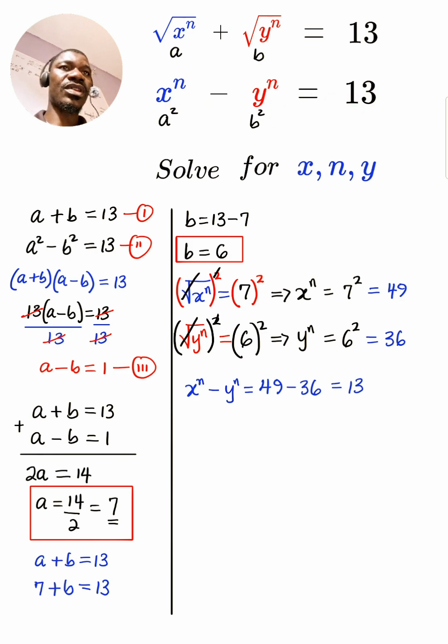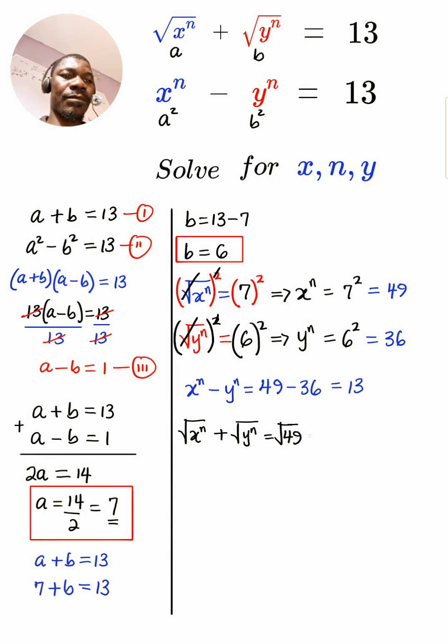We can do the same here: the square root of x raised to n plus the square root of y raised to n gives us the square root of 49 plus the square root of 36, which equals 7 plus 6, giving us 13.